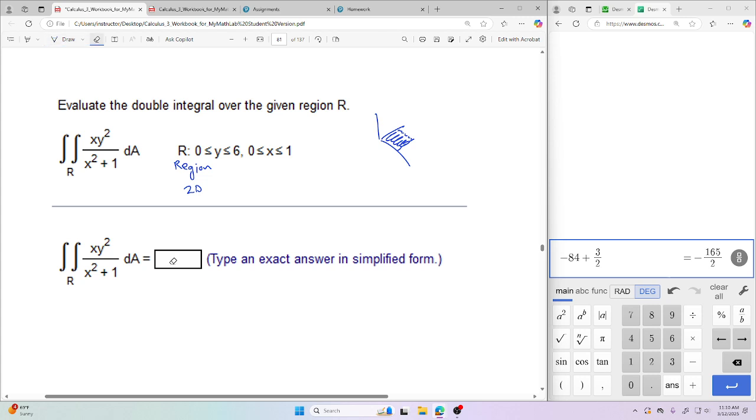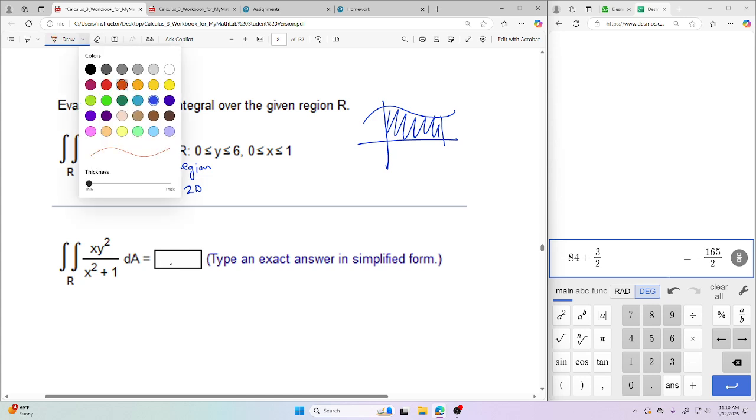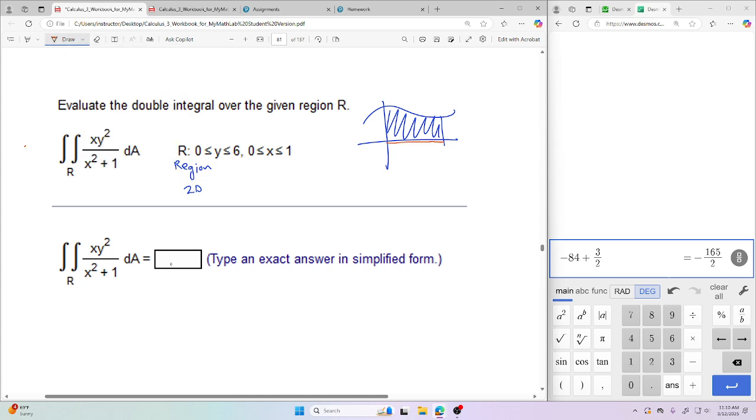As an example, when we're integrating normally, I'm saying find the area underneath the curve, right? Well, that bottom part, this right here, that would be your region in a way. It's that zone where you're saying, hey, where am I looking?